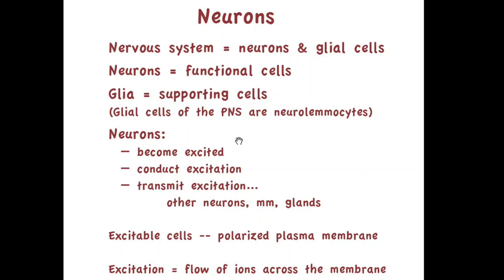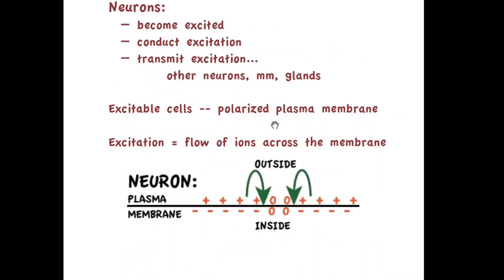Neurons specialize in excitability. They become excited, they conduct excitation from one end of the neuron to the other, and they transmit excitation to other neurons or to muscles and gland cells. Excitable cells have a polarized plasma membrane.